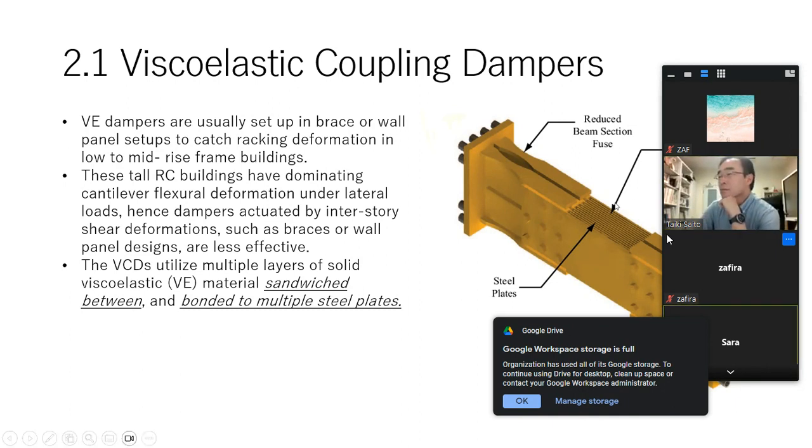From this picture, we can see the viscoelastic material layers. This is viscoelastic material sandwiched between and bonded to multiple steel plates, with each layer extending out and anchored into the vertically adjacent structural members.